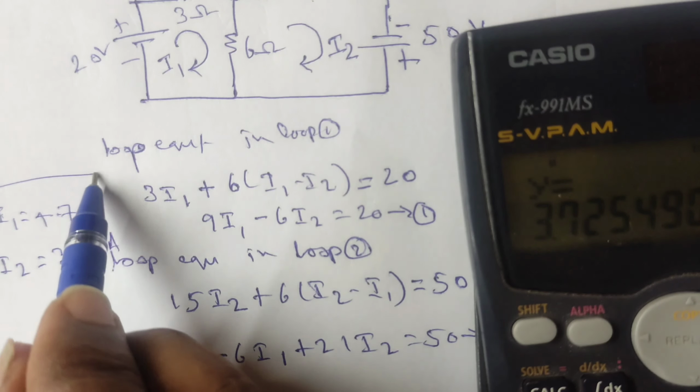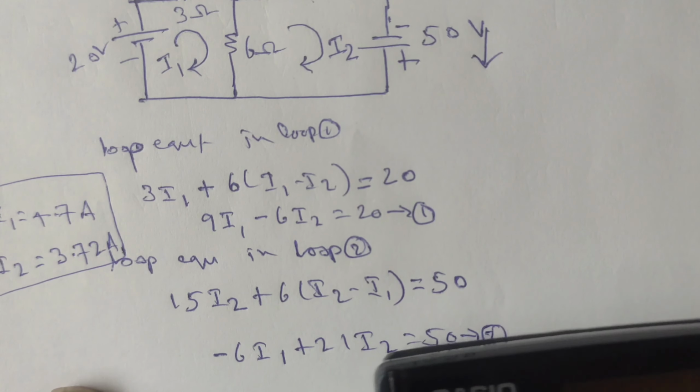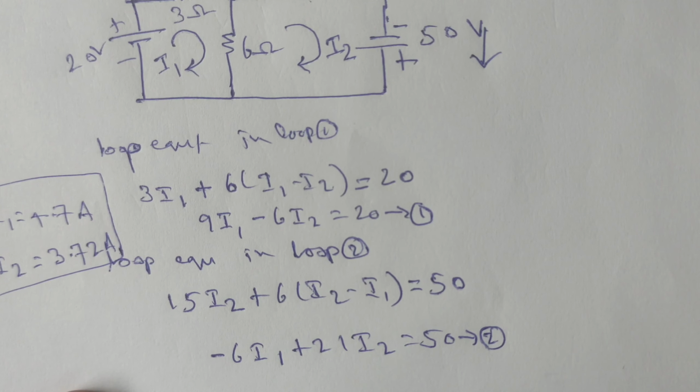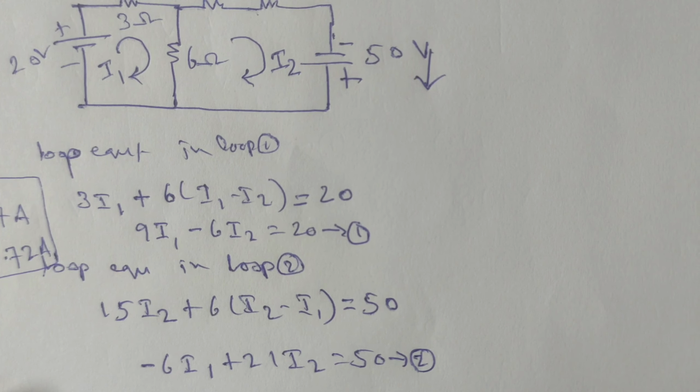This is the answer we got using mesh analysis. So within 2 steps itself we are getting the current for the 2 loop equations, which is not possible using Ohm's law and Kirchhoff's laws.